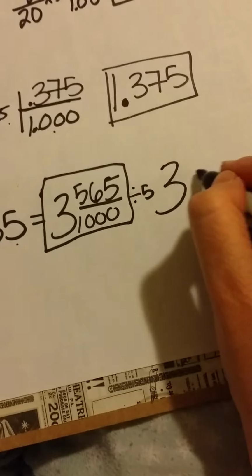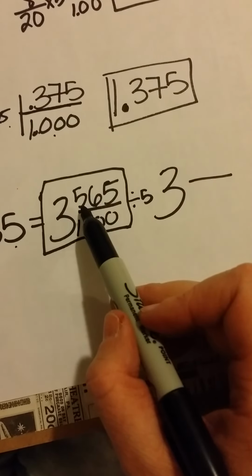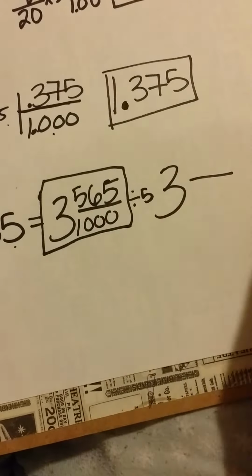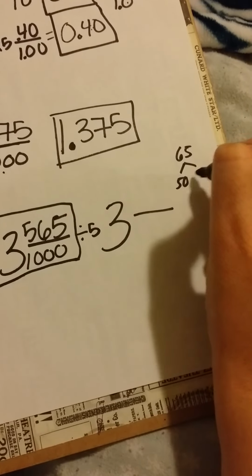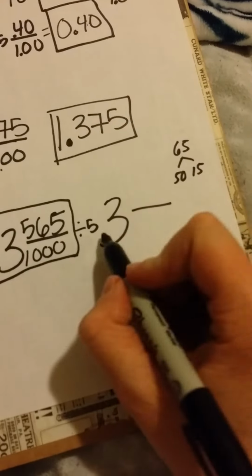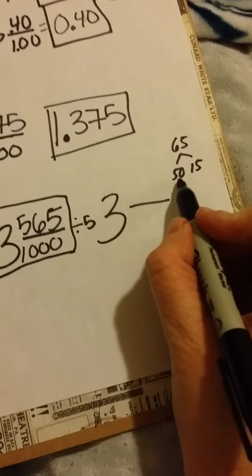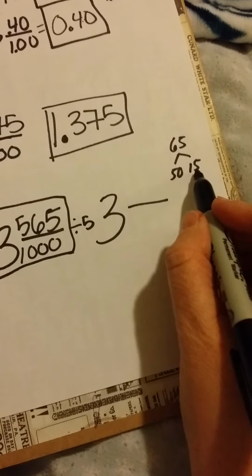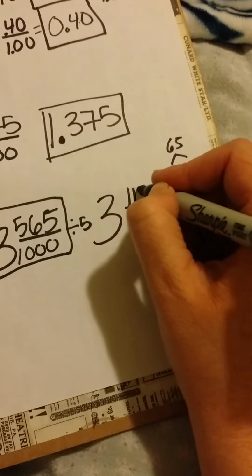Well, we know 5 does, so let's do that first. Keep our 3 wholes. 5 goes into 500, 100 times. And then if you take the 65 and you split it into 50 and 15, 5 goes into 50, 10 times. And 5 goes into 15, 3 times. So it'd be 113.